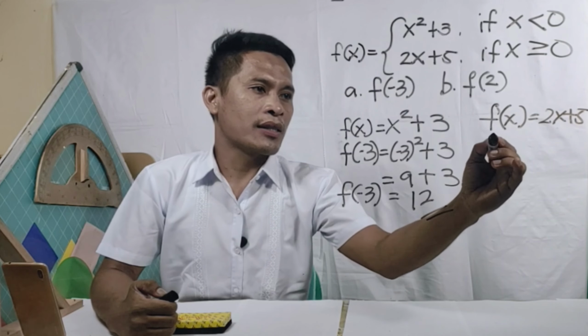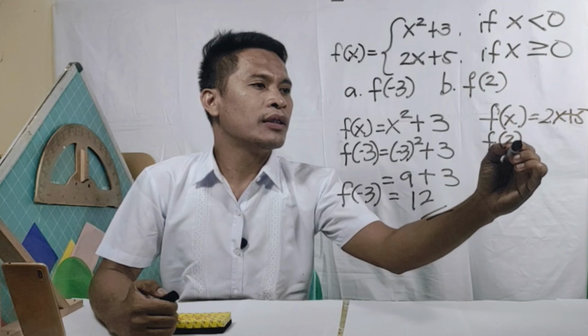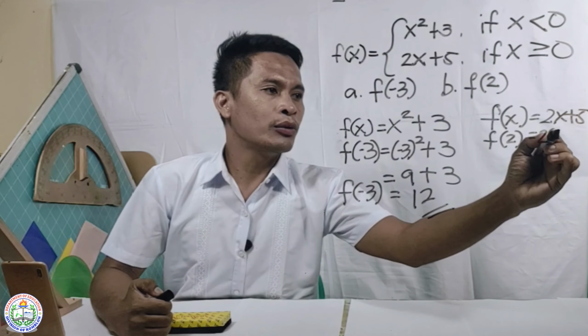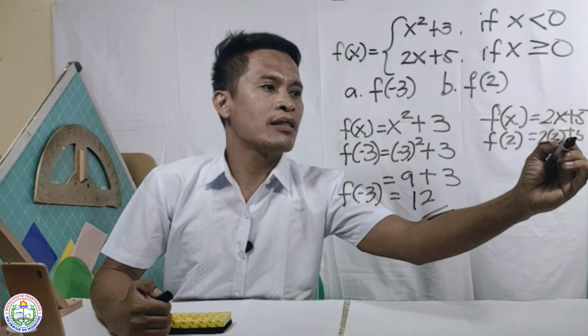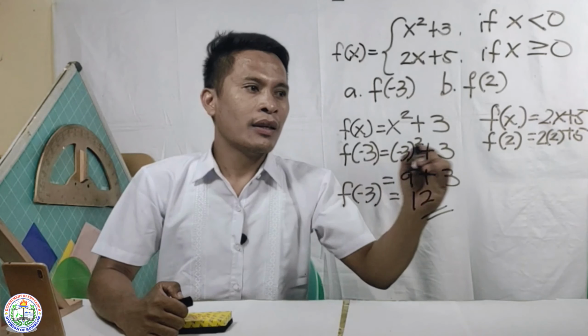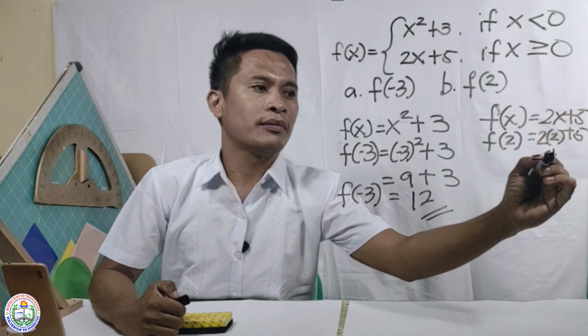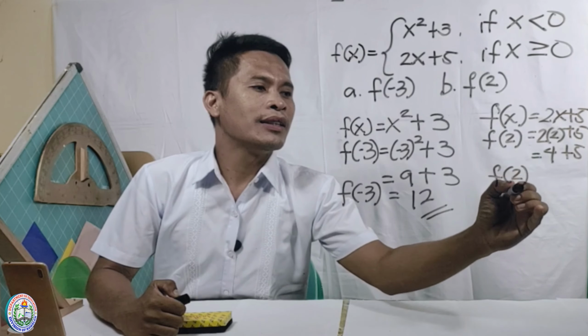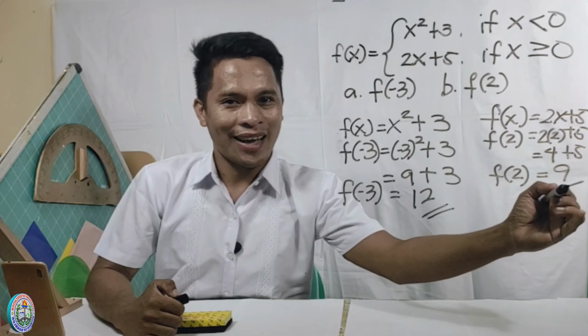Substitute 2 for x. F of 2 equals 2 times 2 plus 5. 2 times 2 is 4, plus 5. F of 2 equals 9.